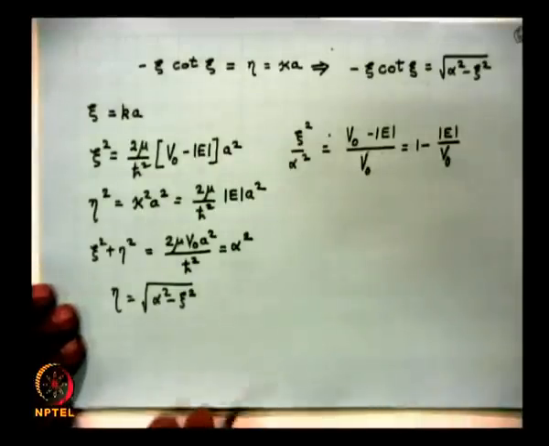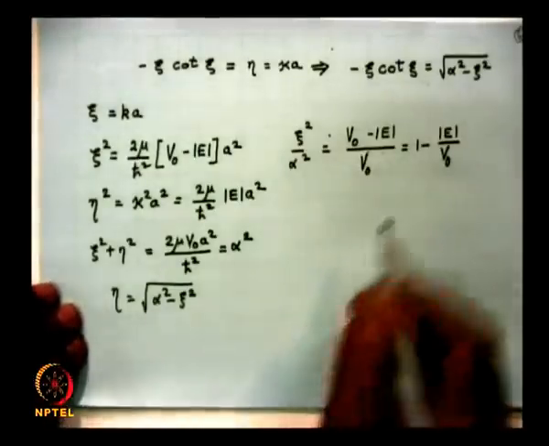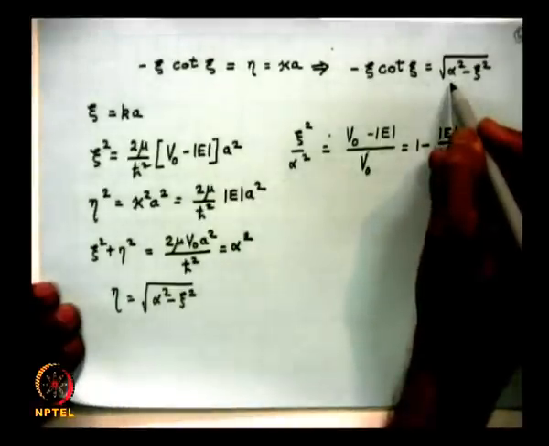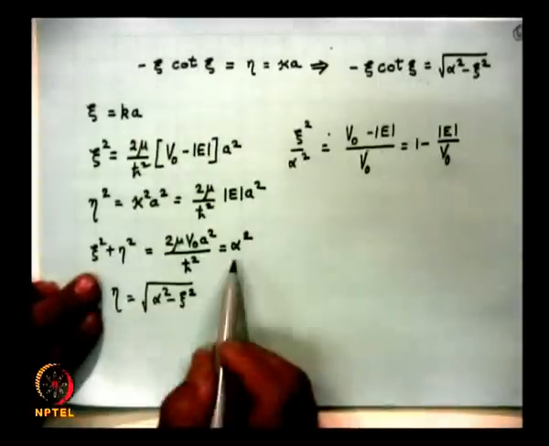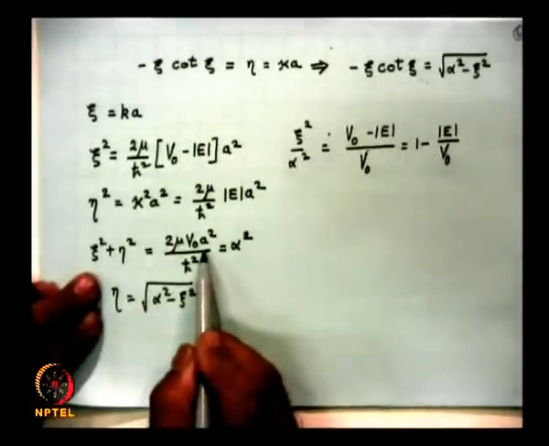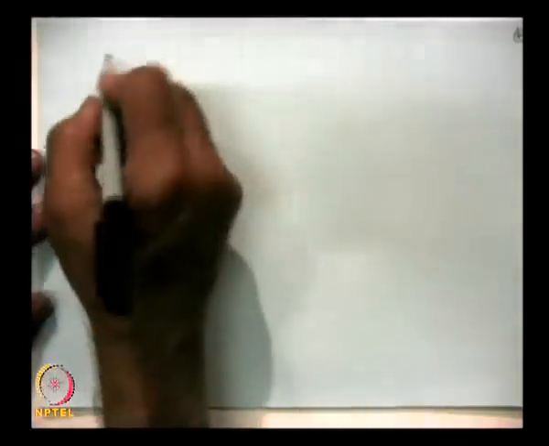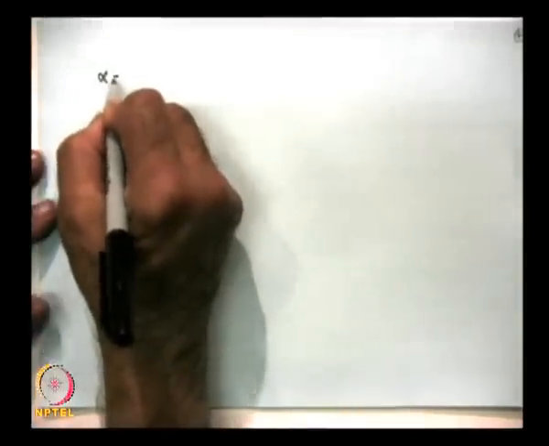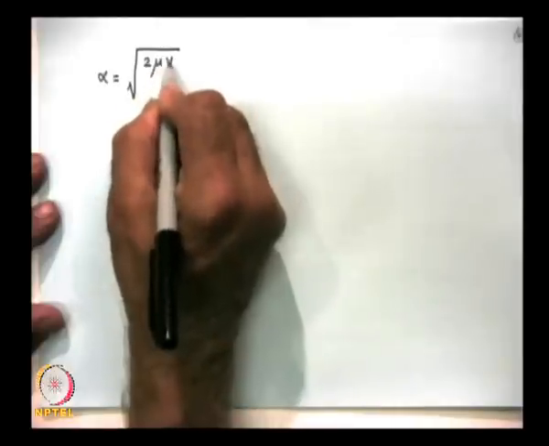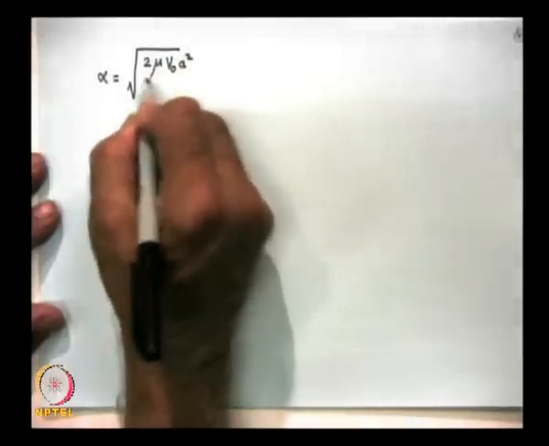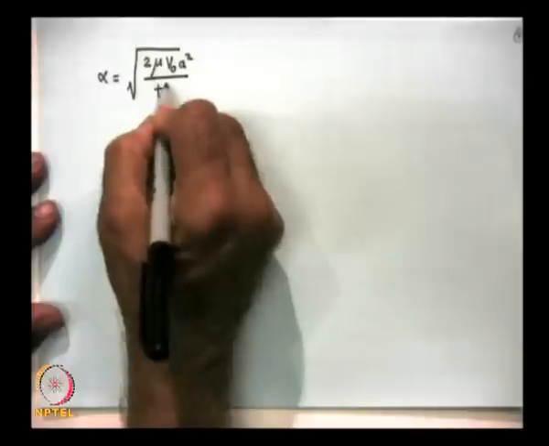Okay. Now, let me consider a simple example, simple profile, and calculate the value of alpha. And the value of alpha is under root of 2 mu V 0 A square by h cross square. Let me do this on the next page. So, you will have alpha is equal to under root of 2 mu V 0 A square by h cross square.